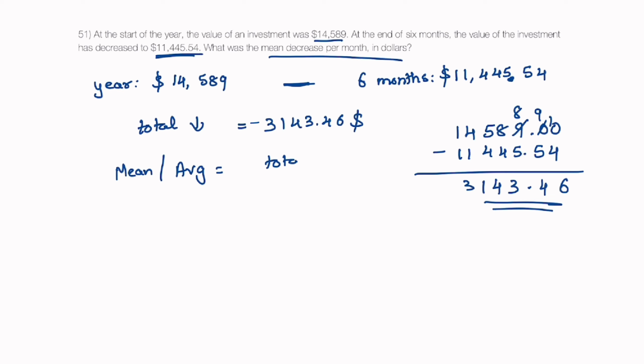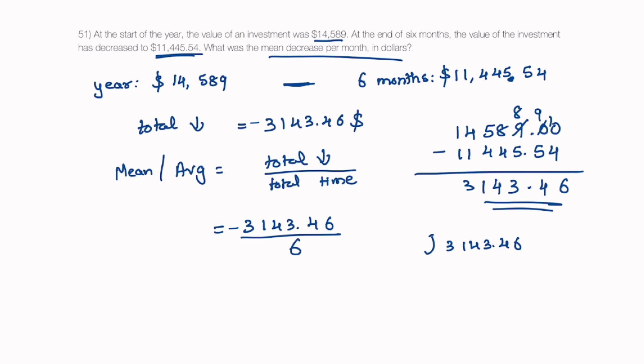That's the total decrease that we have over the total time, which is how many months? 6 months. We write this as 3143.46 divided by 6. Let's do the division here. 6 times 5 is 30. 4 times 2 is 12.